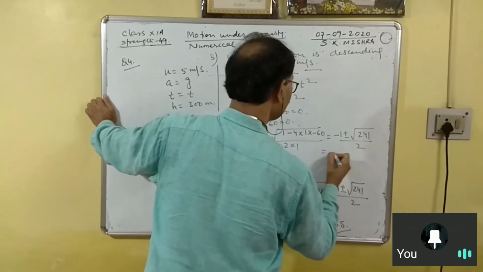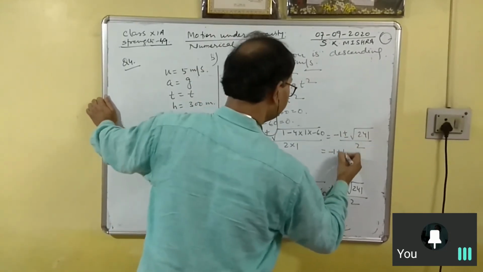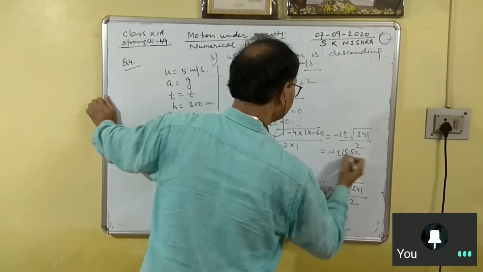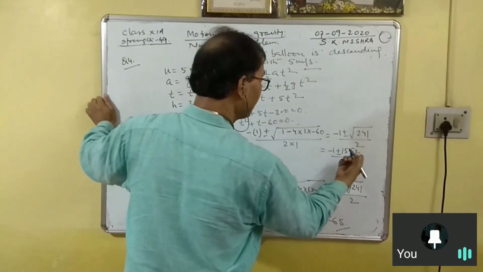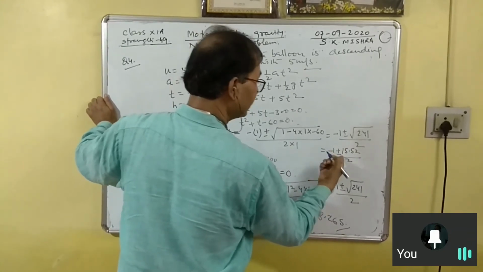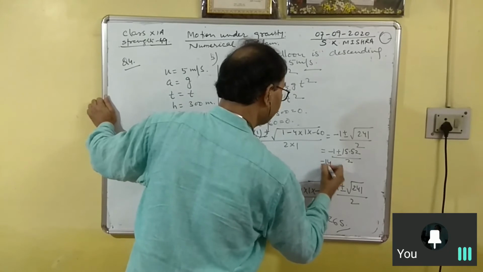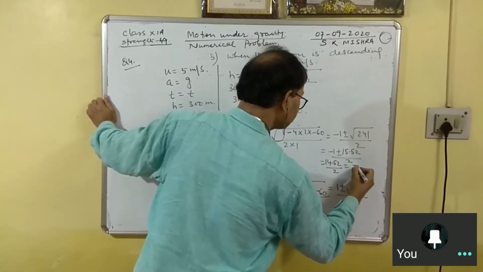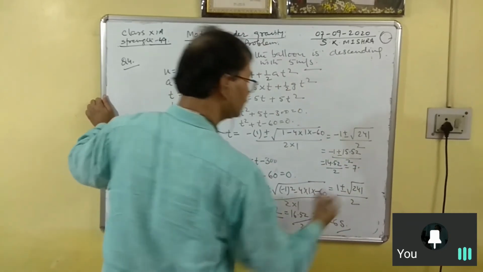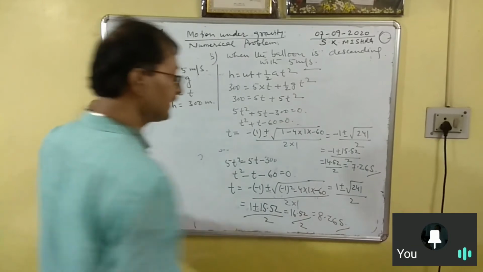So this is minus 1 plus minus 15.52 by 2. Now plus 15.52 minus 1. Don't take negative values. So your answer will be 14.52 divided by 2. So finally you are getting 7.26 second. Not same. Difference of 1 second is there.